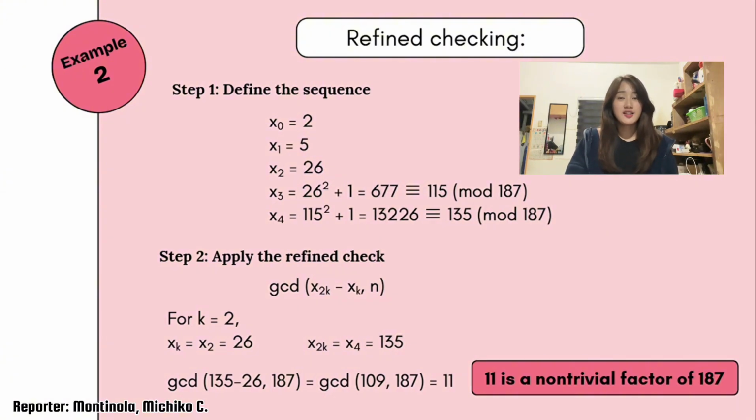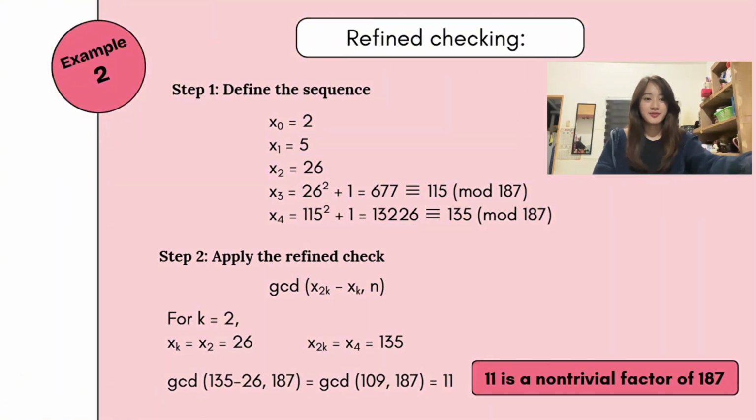This is just the short way of checking the factor of the modulo n. And that concludes our example, and I will pass the mic to our last reporter, Russel, for our summary.